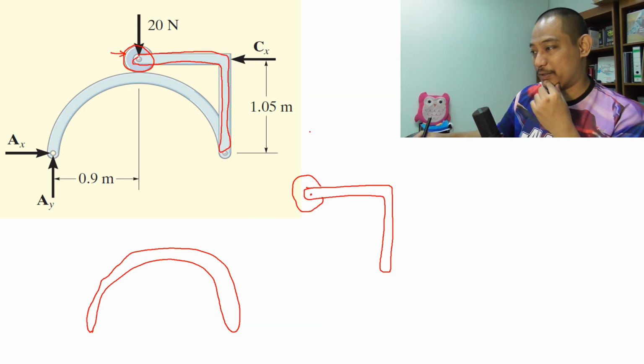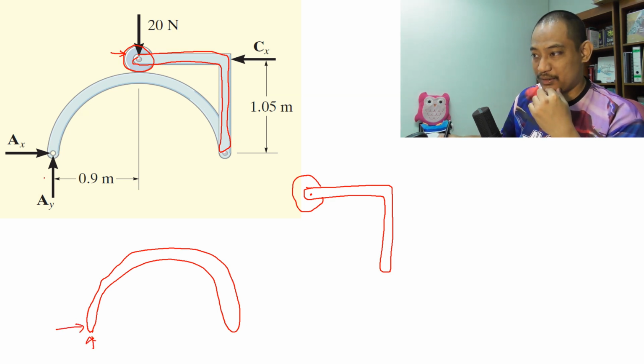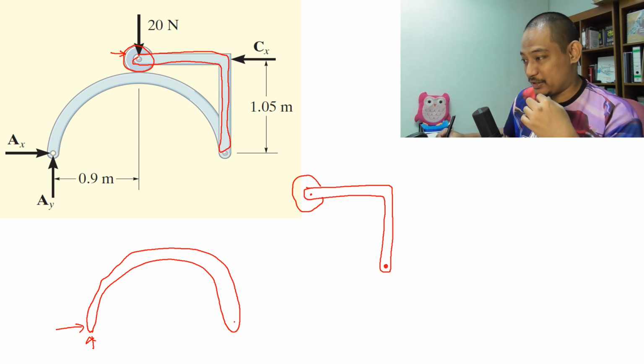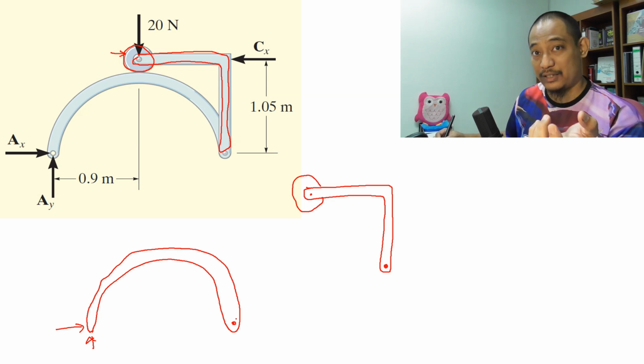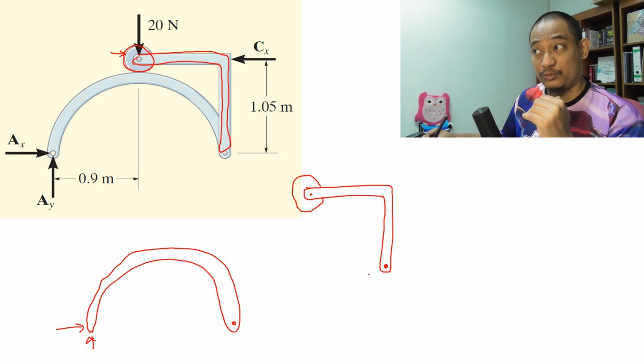So if you have this one, of course here in this case we have AX, AY already given. Maybe it originally has a pin support, for example. Now here, basically you detach this point and this point, right? So you have X and Y reaction, same magnitude, opposite direction.